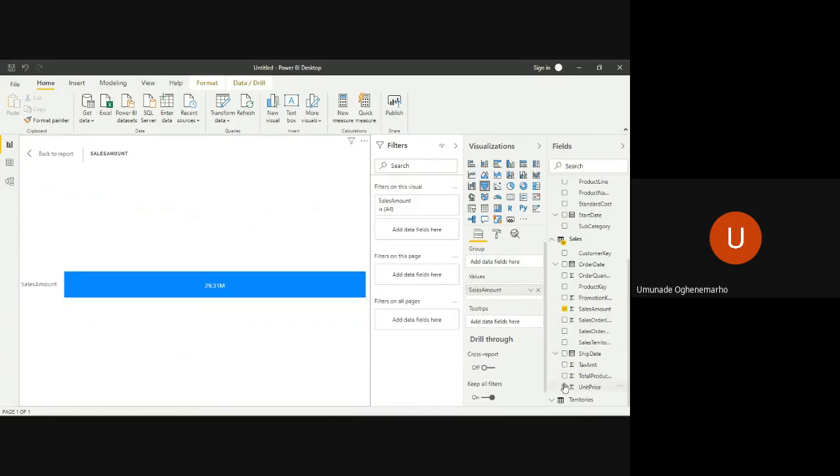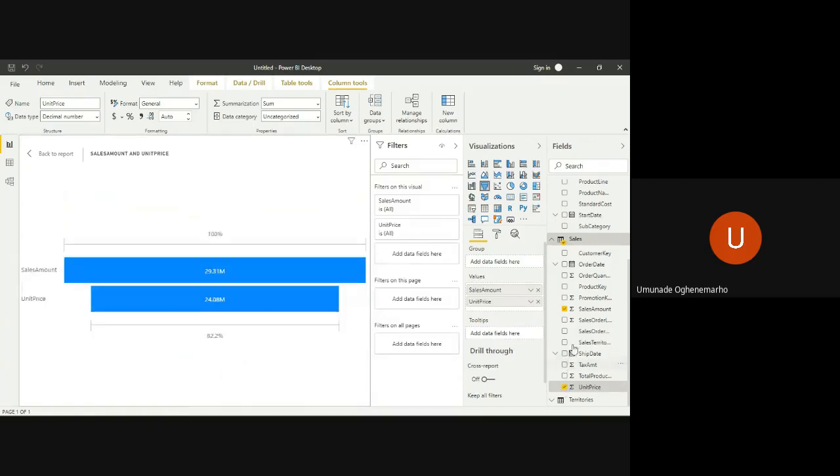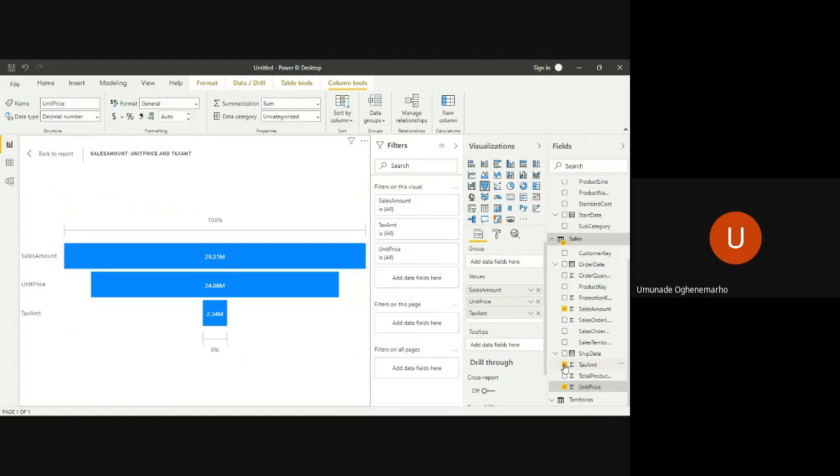So we have unit price, we have tax amount. Now we can look at what percent of what adds up to give us the total.